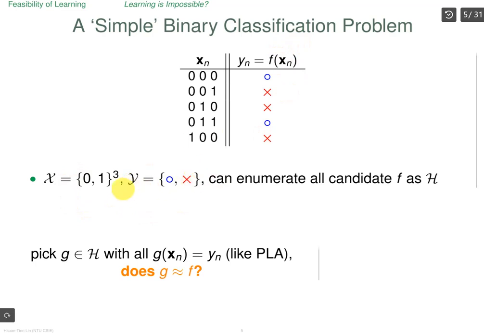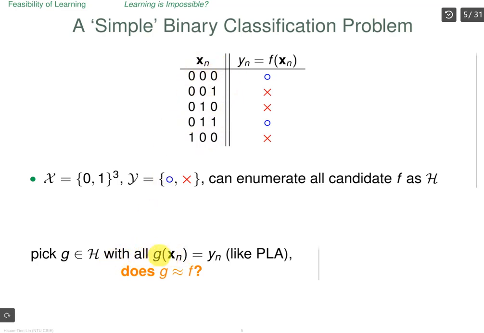This is a supervised learning problem with a binary classification task. We can enumerate all candidate functions as h in this case. So now assume that you use the perceptron learning algorithm and select your g from the entire set of h, and assume that this is a simple linearly separable dataset.